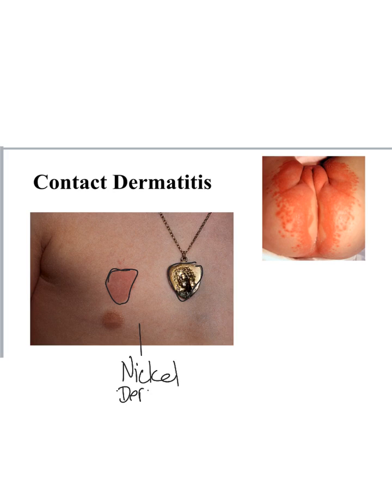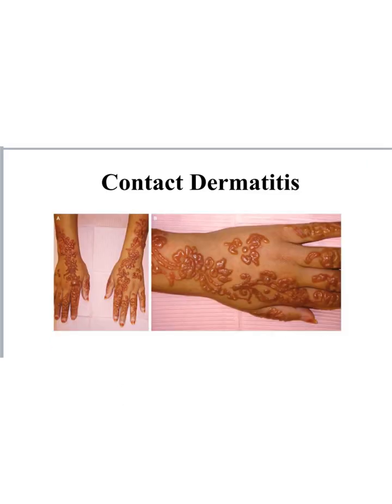So this is nickel dermatitis. And then this is an example of irritant dermatitis in the form of diaper rash. Here in this picture, this person obviously had an irritant reaction to a henna tattoo.